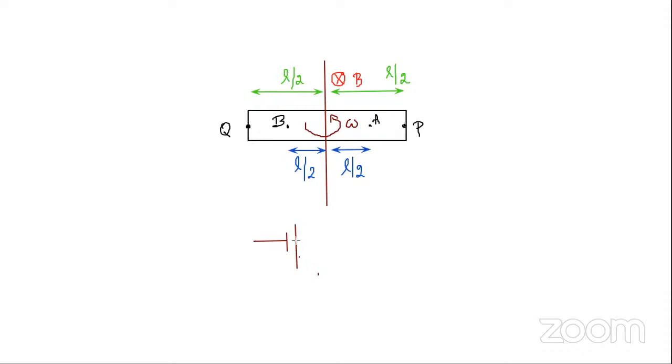Why am I drawing a battery here? Because we may be getting a potential difference developed at these points B and A. That potential difference is due to the induced EMF. So here you will be having a positive terminal, and here you are having a negative terminal.